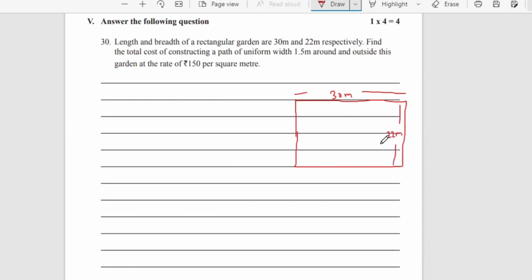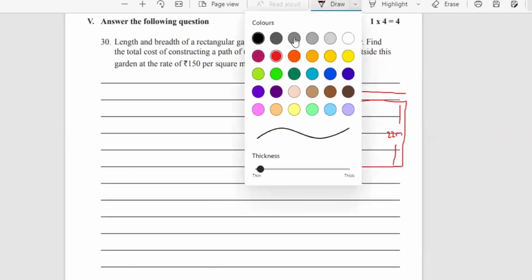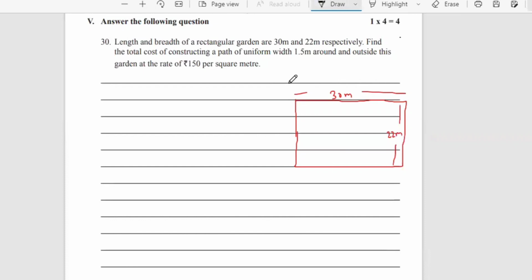They are saying a path has been constructed of width 1.5 meter around and outside the garden. Around and outside the same rectangular figure, we're going to draw the path, which is outside the garden. Let us draw that. Sorry for the figure, we are not getting it straight.